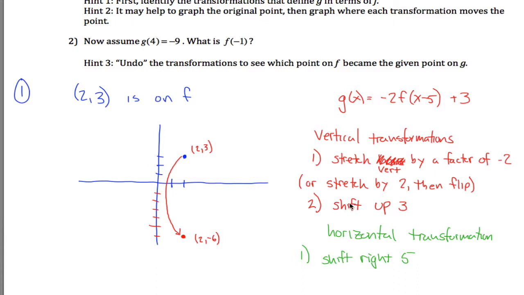My second step is to shift up 3. So I used to have a height of -6. If I add 3 to that, I get -3. So next I go up here, and I get to this point at (2, -3). And I'm almost done. I just have to shift horizontally to the right by 5.